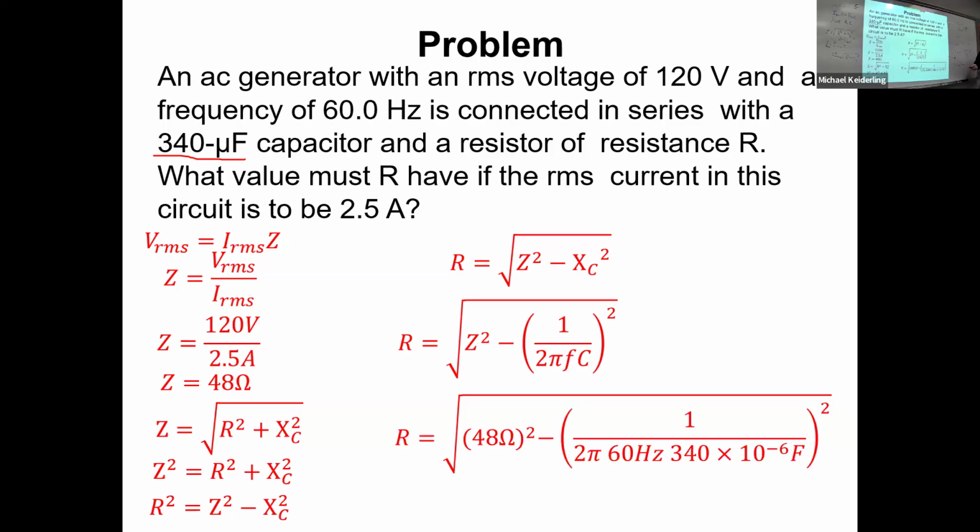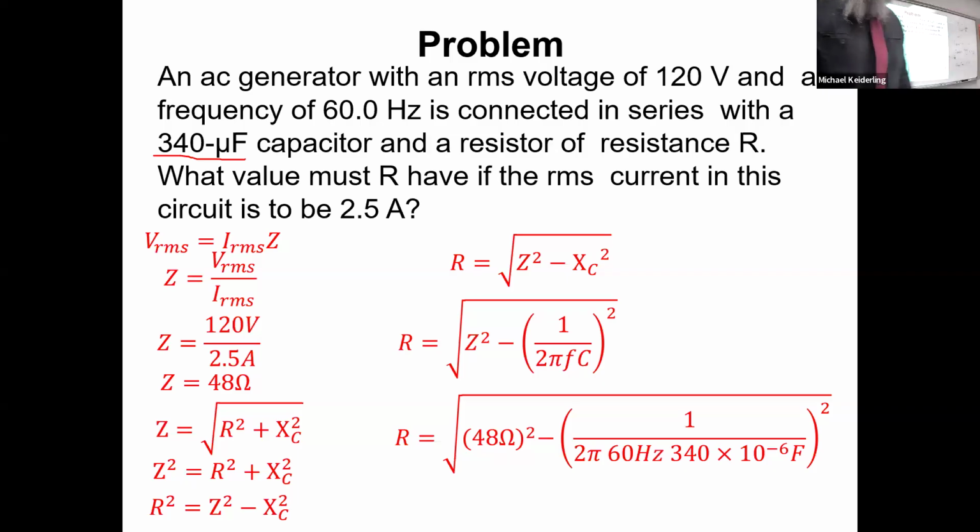So if we plug in our numbers, we have the square root of 48 ohms squared minus 1 over 2 pi times 60 hertz times 340 times 10 to the minus 6 farads, squared.